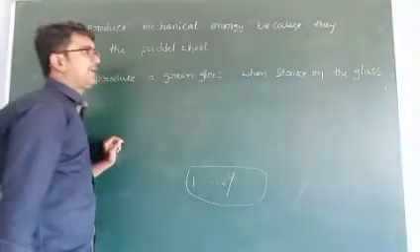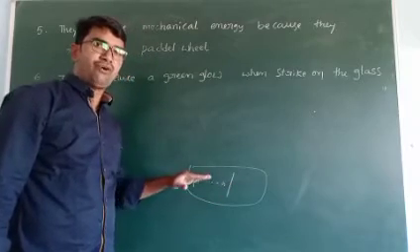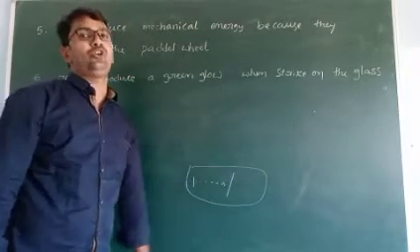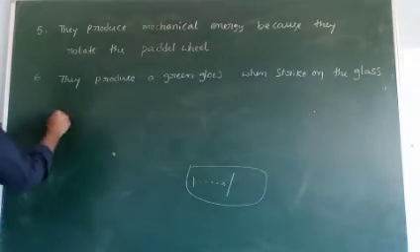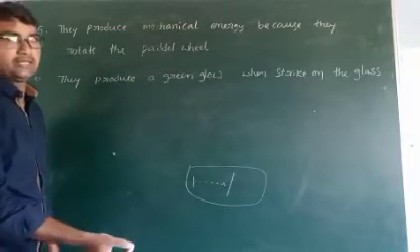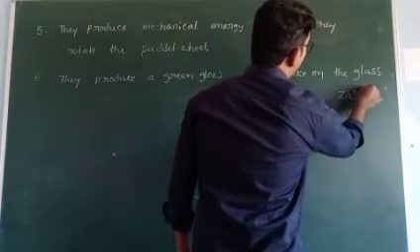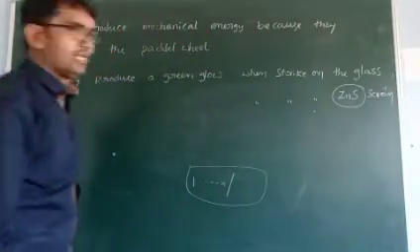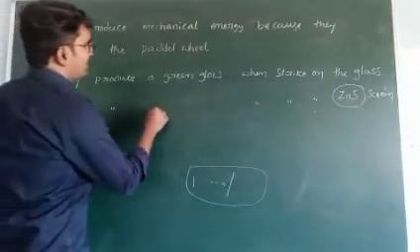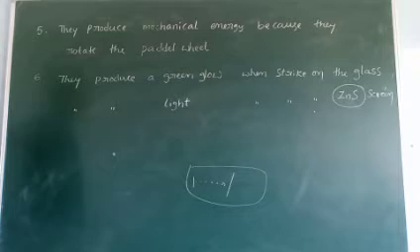In that path, if you keep any glass, when the electrons fall on the glass, they produce a green glow. For example, when they strike the zinc sulfide screen, they produce light. Just simply, they produce light when they strike the zinc sulfide screen.